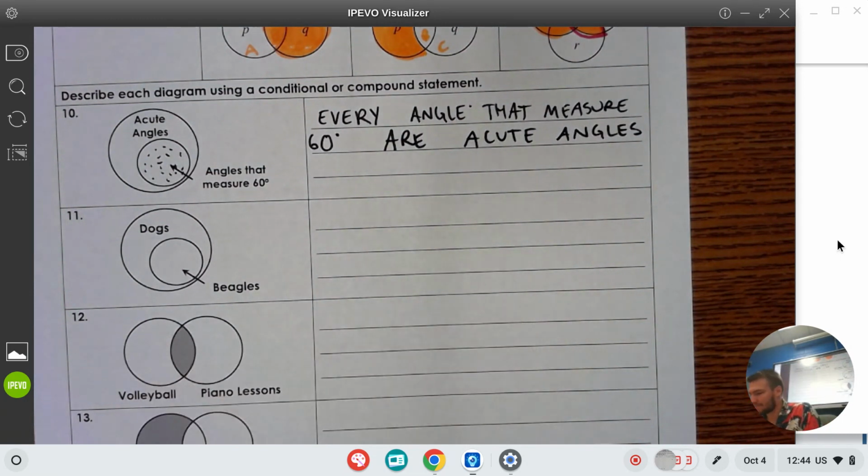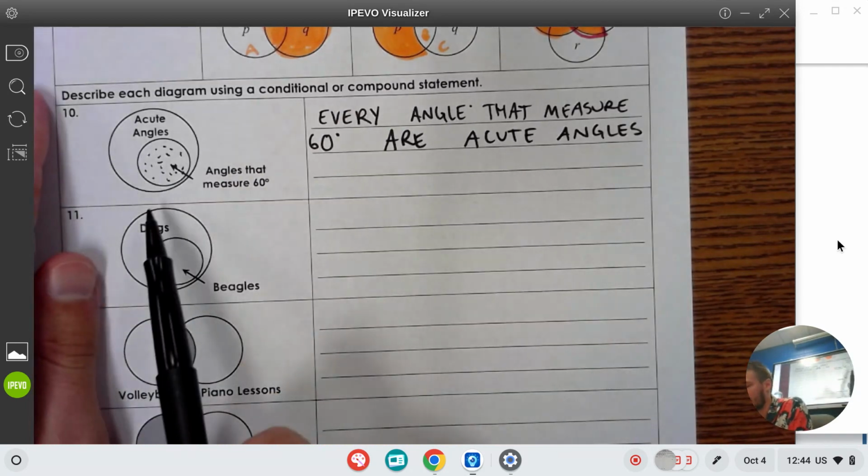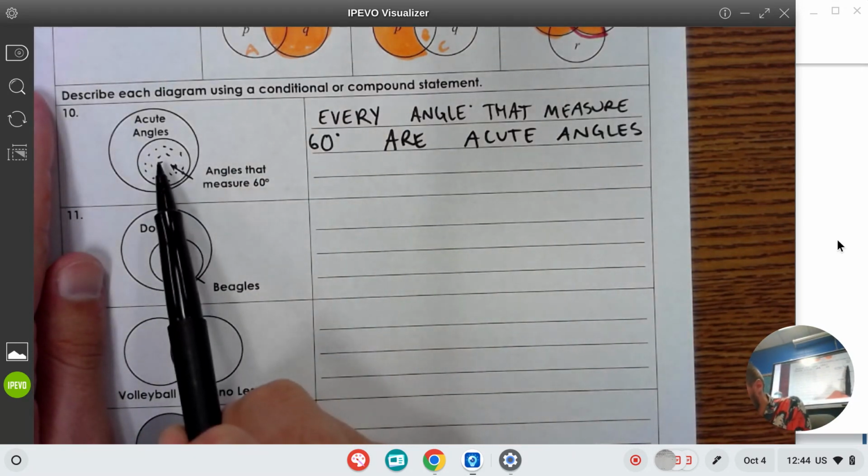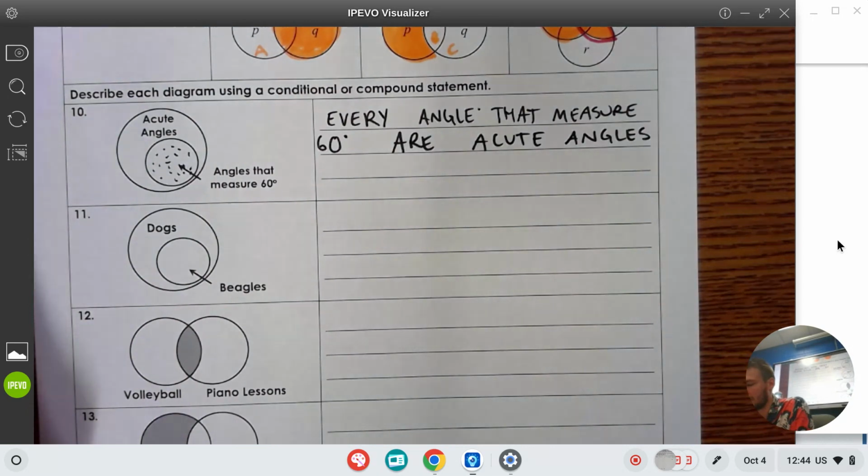And I think that pretty clearly establishes what we've got here. Every single angle that measures 60 is considered an acute angle.